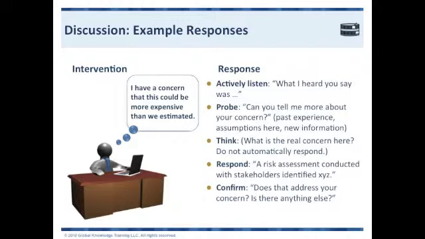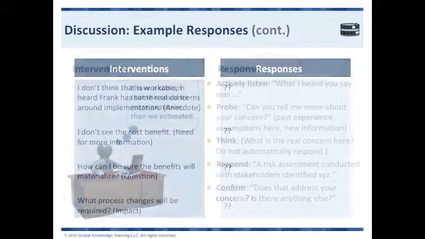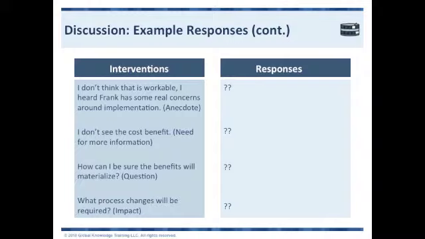And make that one genuine. Did I answer that? Is there anything else? You want to handle the interventions because at the end of the day, you want them to commit. Try this set of interventions and come up with possible responses of how you would answer that.